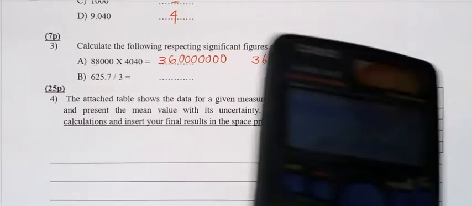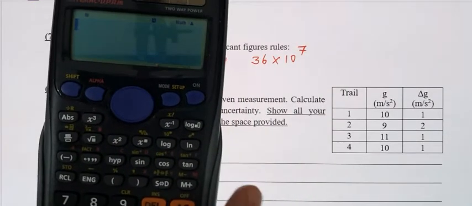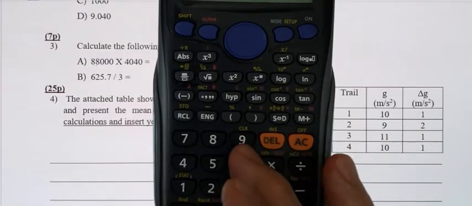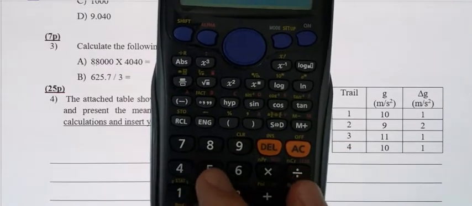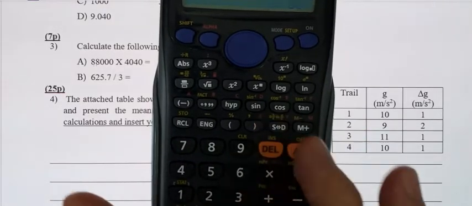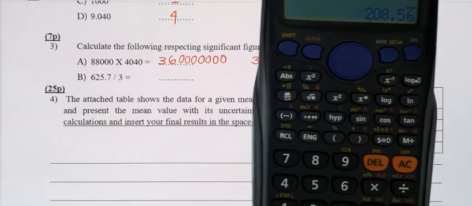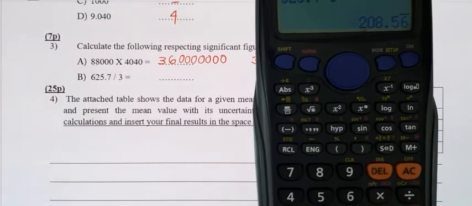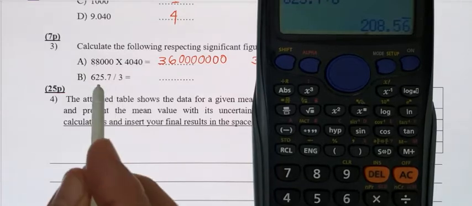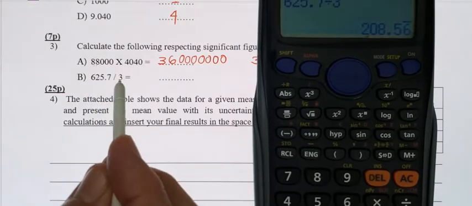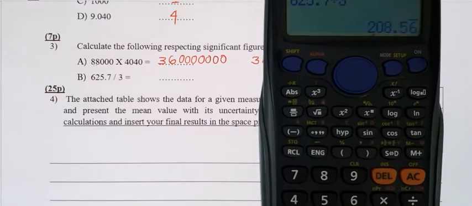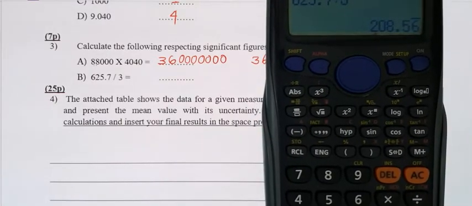Let's do the second one. It is 625.7 divided by 3. So that's the answer you see in the calculator. However, this is 4 significant digits. This is 1 significant digit. The final result has to be 1 significant digit.